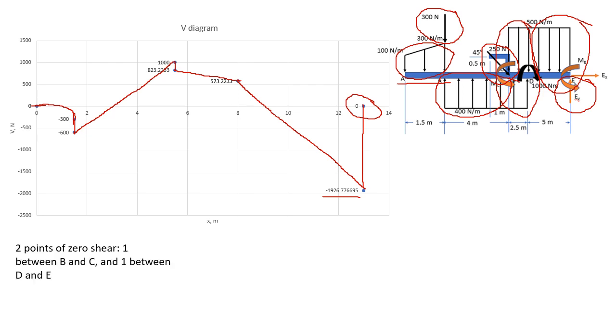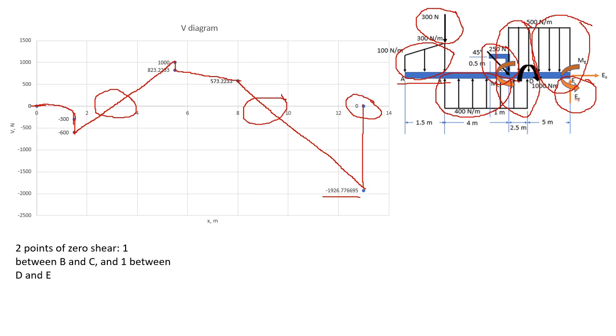So as you can see, we have 2 points of 0 shear, at this point and here at this point. And we have to analyze our points of 0 shear because the point of 0 shear could be a location for our maximum moment. So between B and C and between D and E.